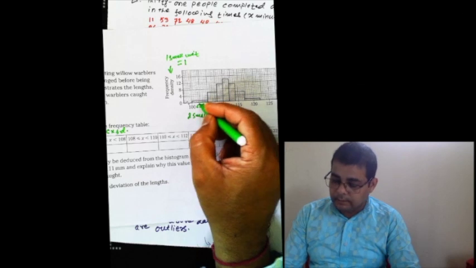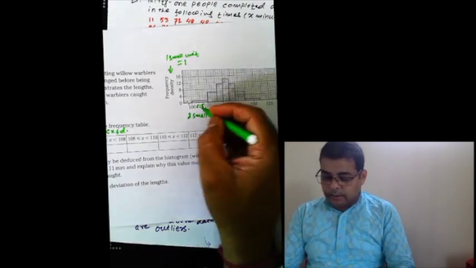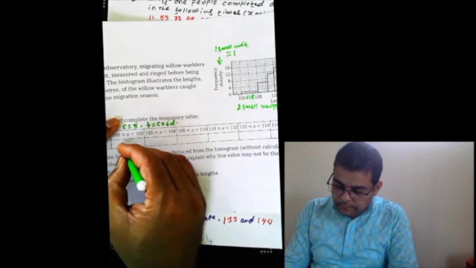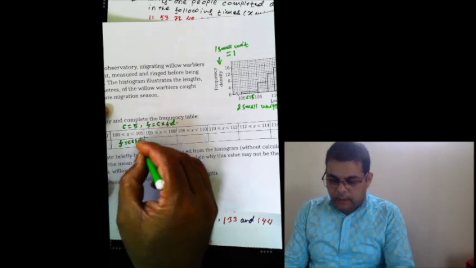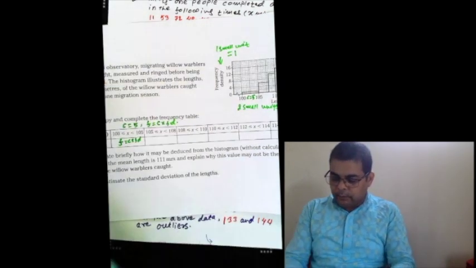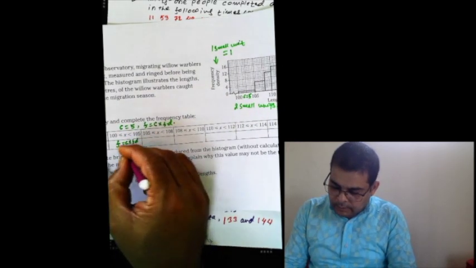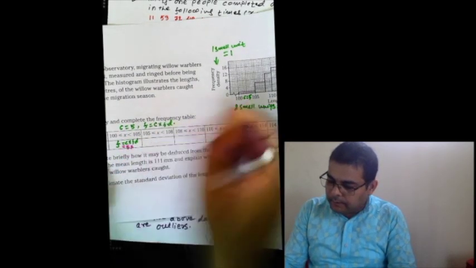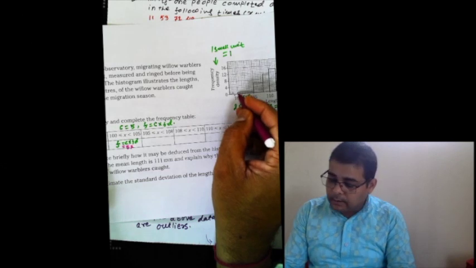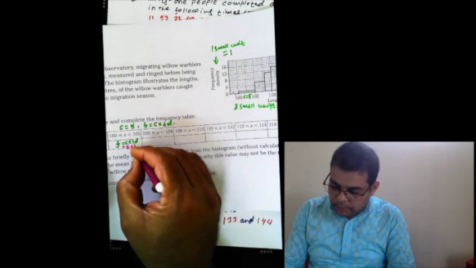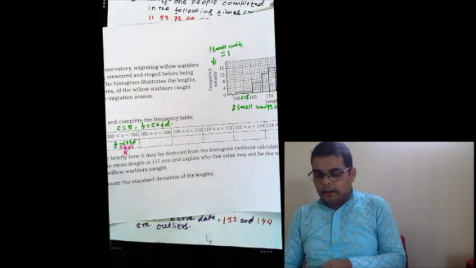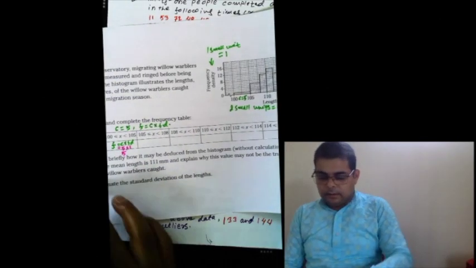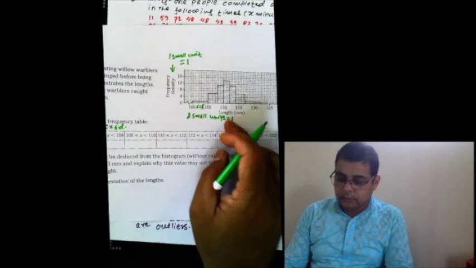So if you want to find F, that is frequency, it means C times FD. The value of C is 5, and the value of FD corresponds to the height of the bar. That means it is 1, so its frequency is 5. So this is the way that we derive frequency directly from the given histogram.